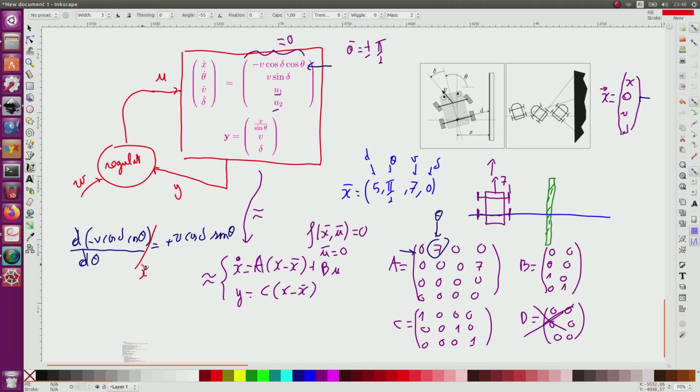So it means that here I have v bar cos delta bar sine theta bar. This one is equal to 1 because theta bar is pi divided by 2. This one also corresponds to 1, and in the exercise it is written that v bar is equal to 7, and this is why here I have 7.